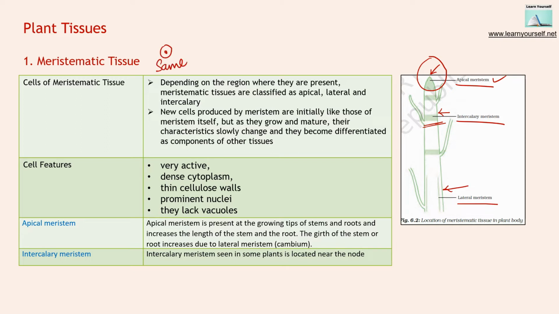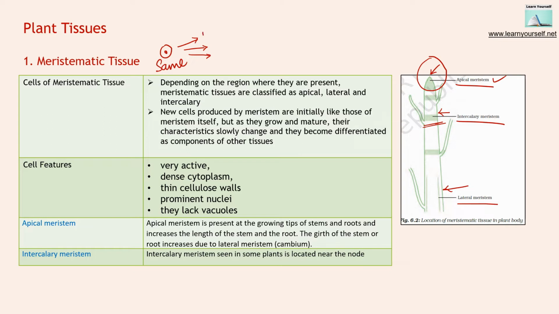When new meristematic cells are generated, they are all the same when they are newborn. But afterwards, when they grow mature, their characteristics will change depending upon where they are located, and based on that their function will also change.